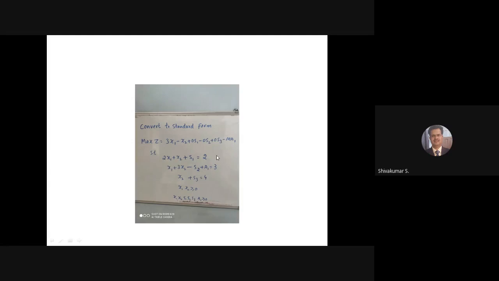That's why this method is also called the penalty method, also called the big M method. Because the basic variable should be positive, we introduce the artificial variable, and because it's an artificial variable, in the z function we put one more penalty, minus M, that is the big M. So this method is called the big M method, also called the penalty cost method.